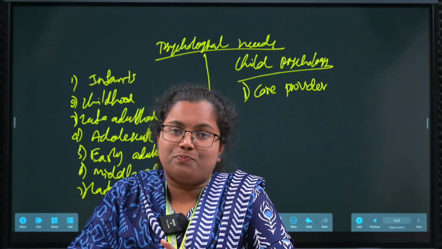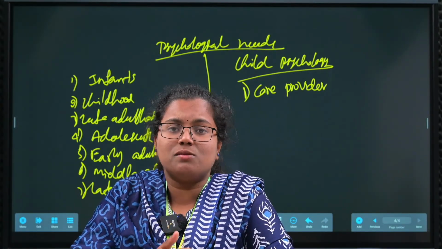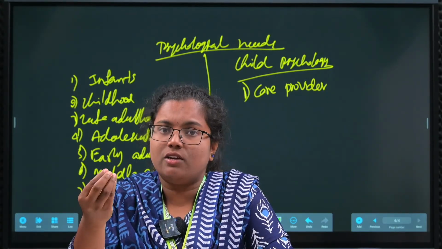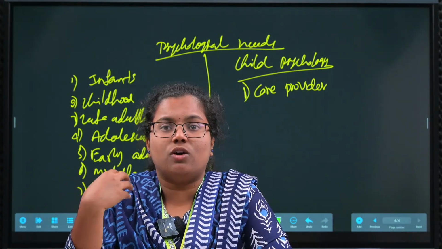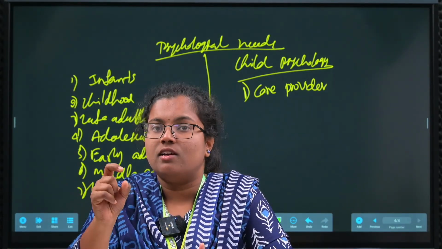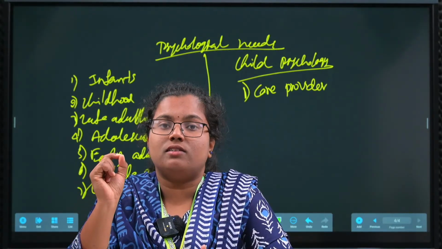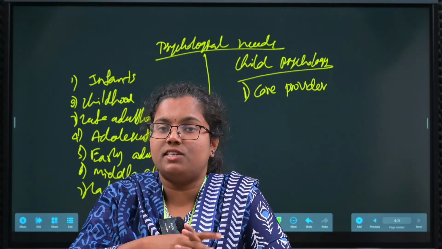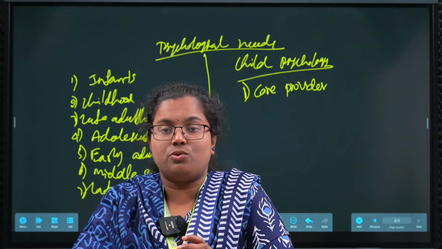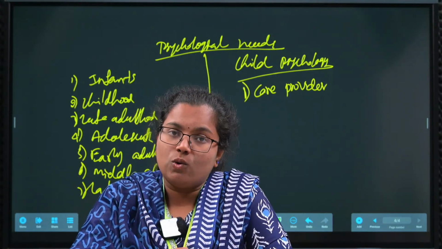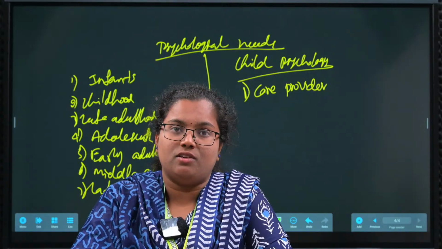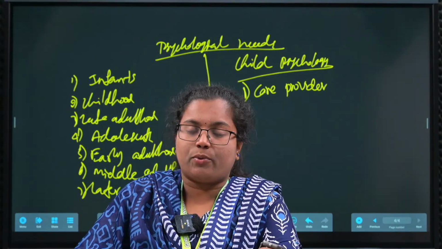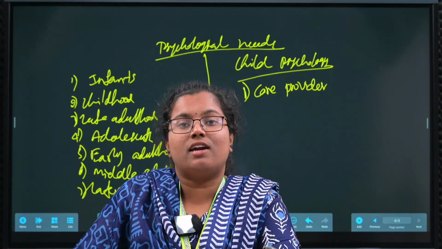She has to observe each and every thing, like behavioral changes, changes in mannerism, behavior, attitude, everything she has to recognize through close monitoring. So the care provider role means giving proper, special, qualitative care to the child.